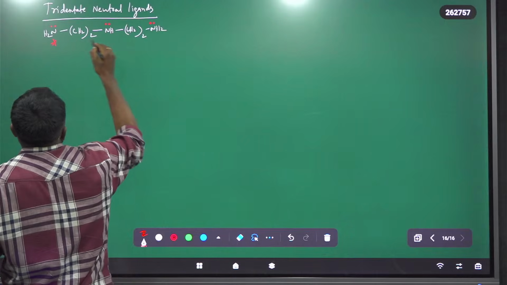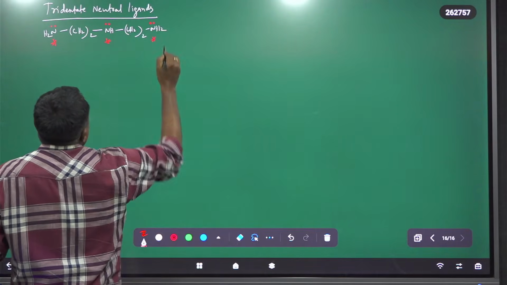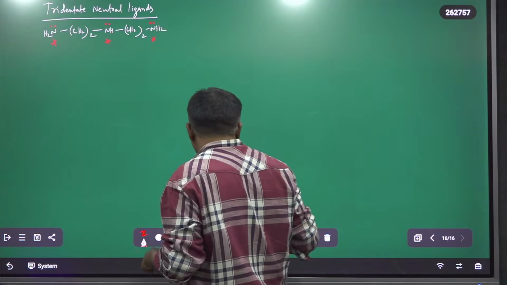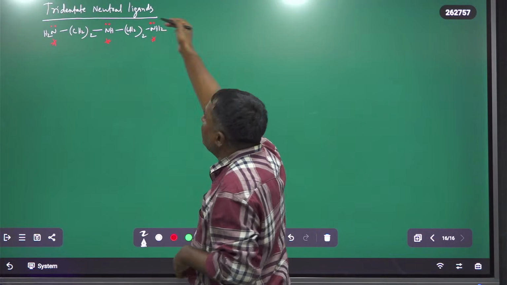So how many donor atoms are there now? There are 3 donor atoms. Therefore, this is tridentate. Tridentate neutral. Is there any charge on this?